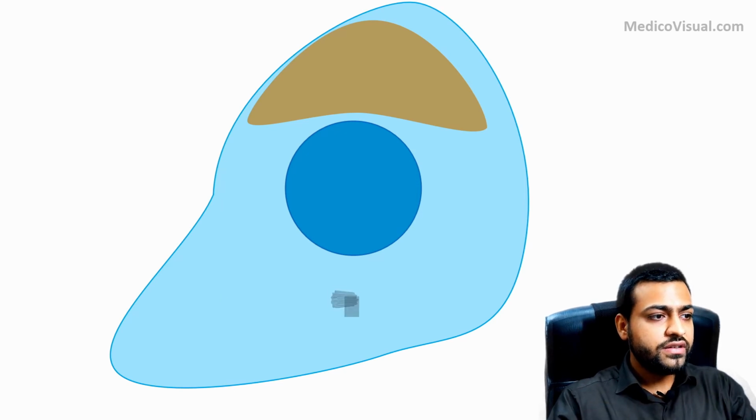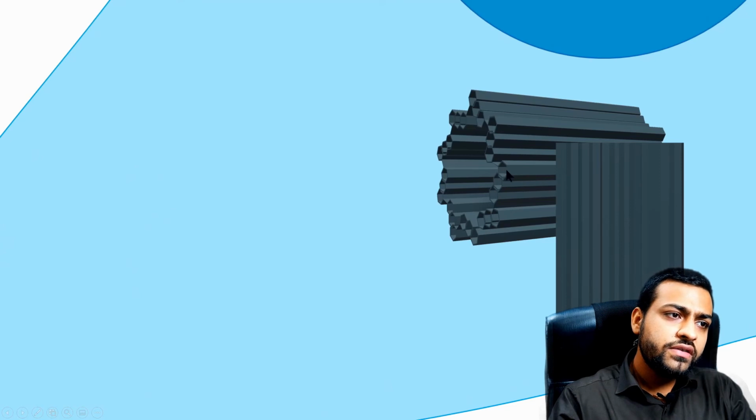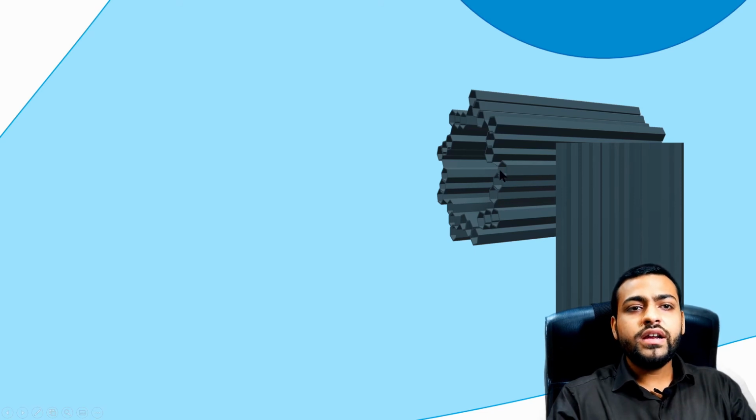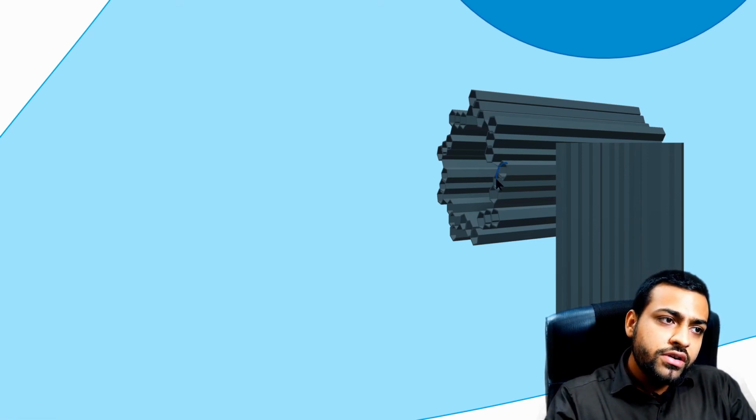So let's discuss how centriole works. Here is the structure of centriole, and centriole consists of these tubules, these tubes. Each tubular structure is called a microtubule, and we have 3 microtubules forming a triplet.